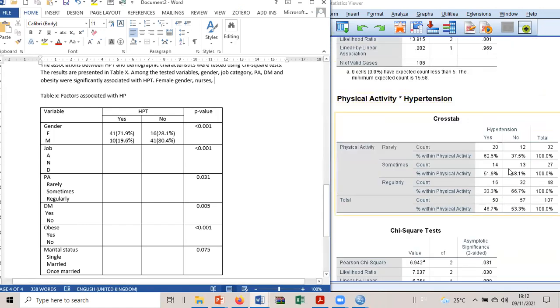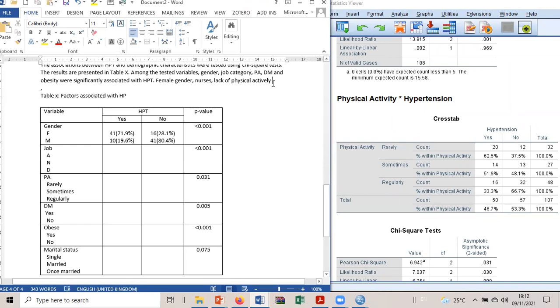Next, physical activity. Whose side? Lack of physical activity. Can I say that? This regular, only 33%, but these are high, isn't it? Okay, physical activity. Don't have to mention one by one, at your level.